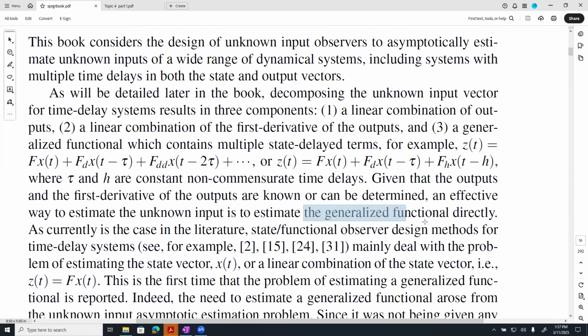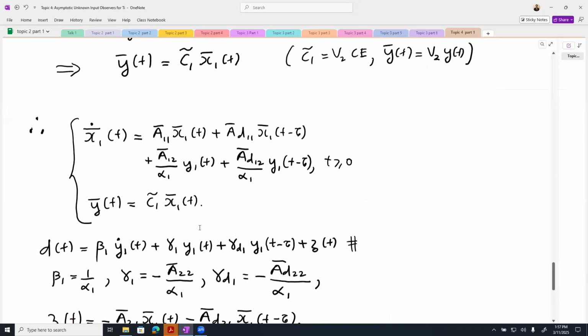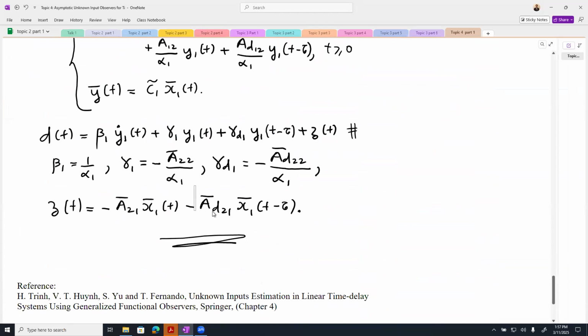Okay, so we highlighted in our book, we mentioned that when we do the decomposition of the unknown input vector into its entirety, we will come across a generalized functional, whether it's a simple generalized functional like so far we got it in here, where we just basically have this term in there.